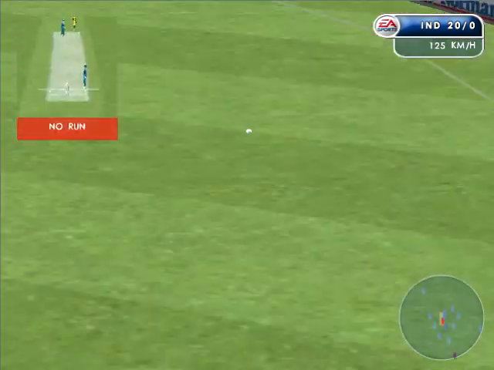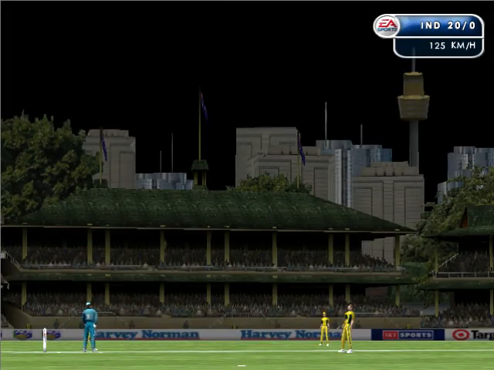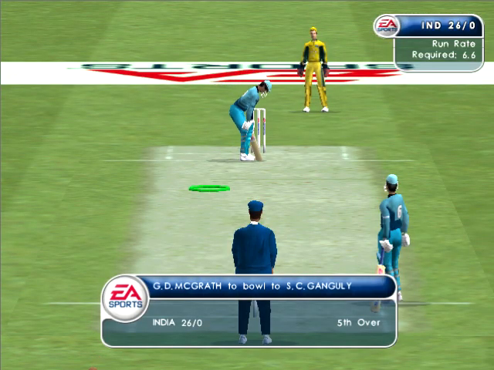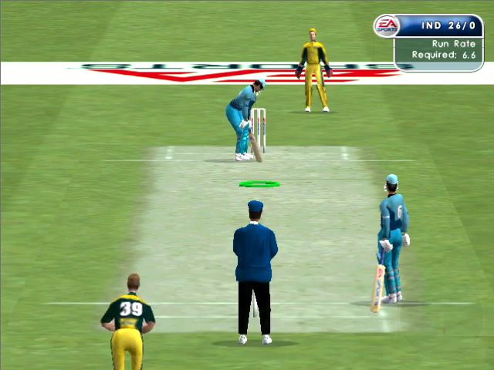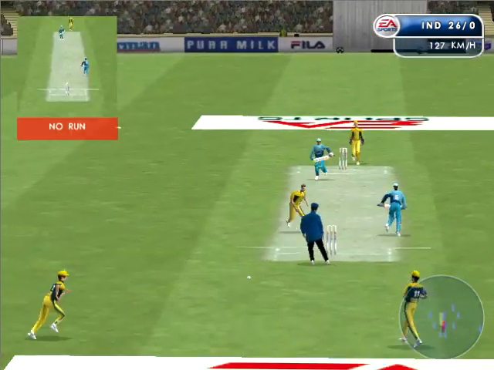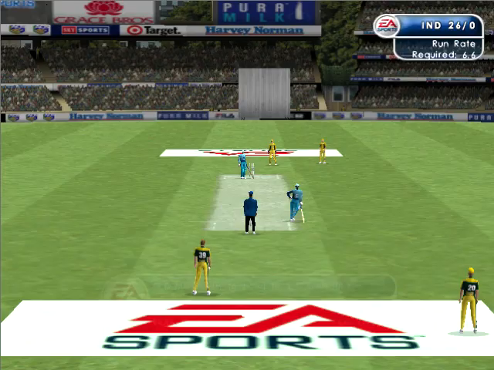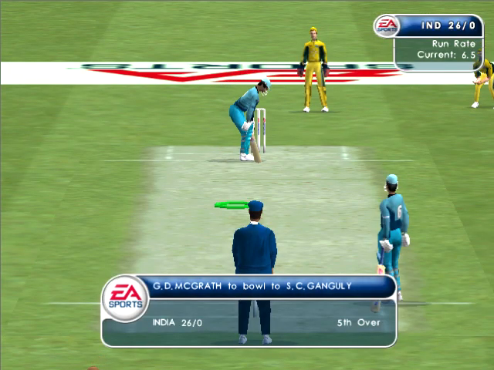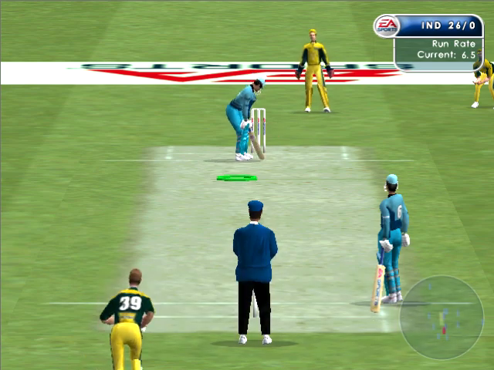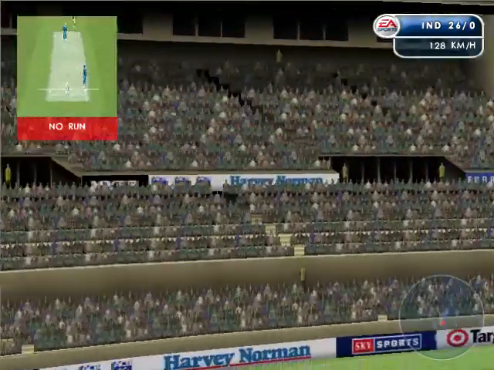That's a huge six. That's a demoralising sight for any bowler, seeing the ball sail over the fence. It's in the air.